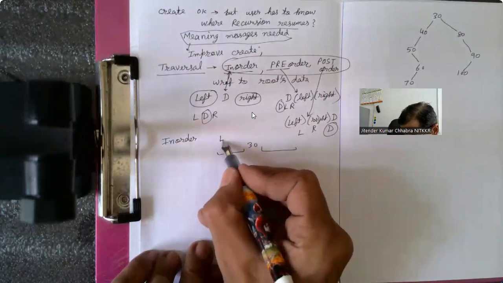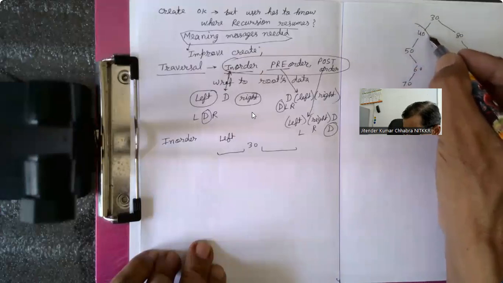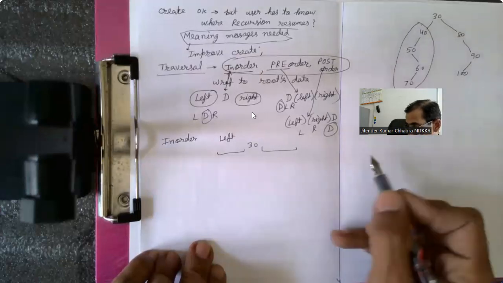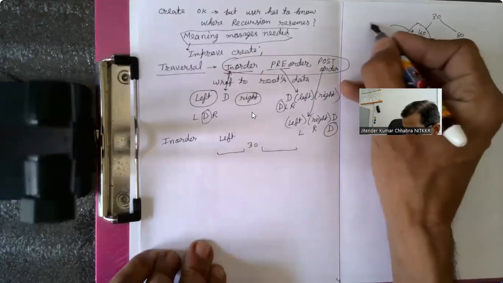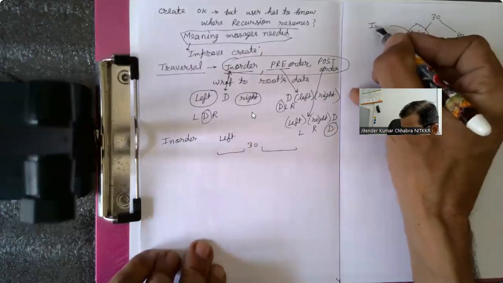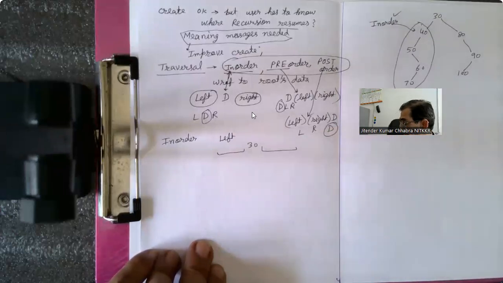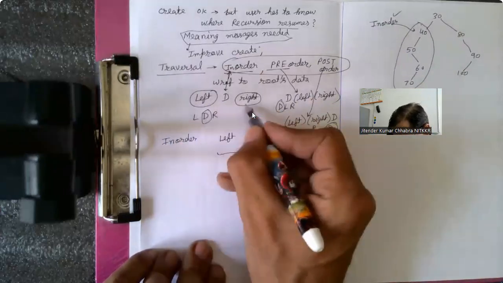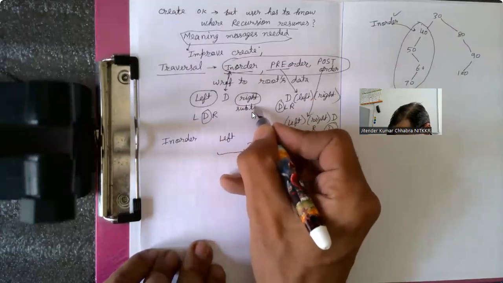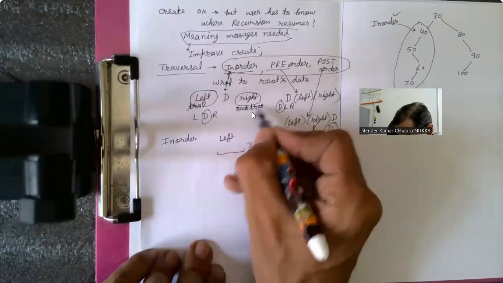So left traversal doesn't mean only 40, because left traversal means the whole left subtree, to which in order is to be recursively applied on this node also. So the same definition, traversal is also a recursive definition. This means left subtree, right subtree, or left traversal, right traversal.